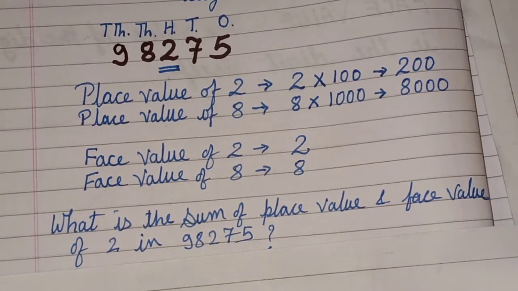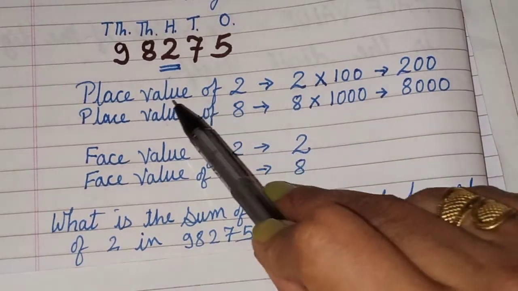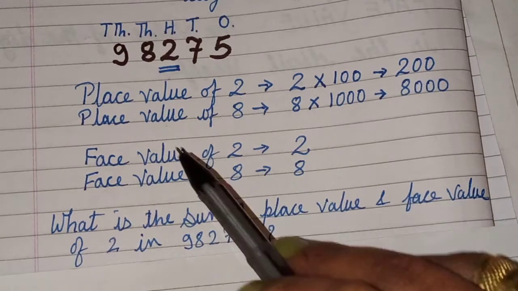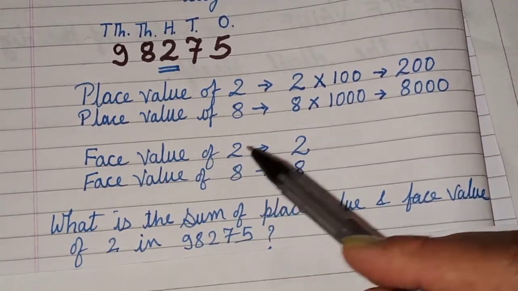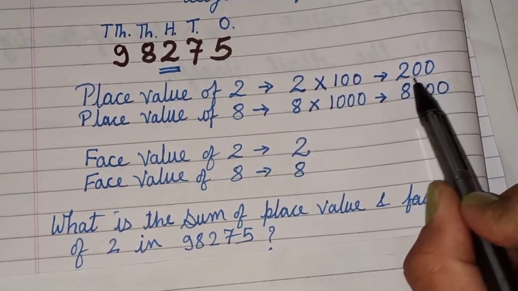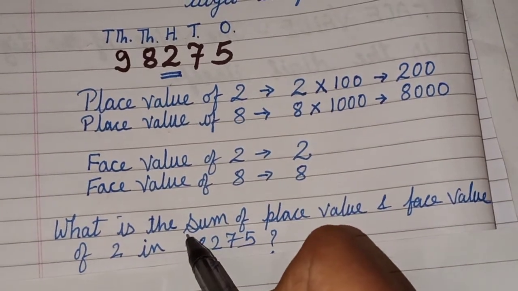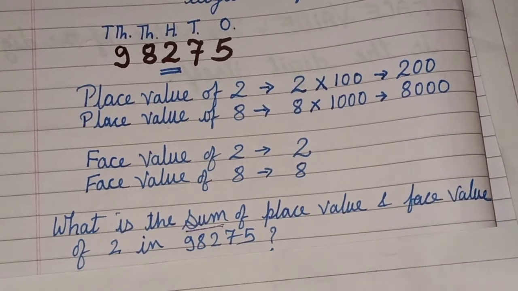We have seen that the place value of 2 in this number is 200, and the face value of 2, whatever the question, will always be 2. So here we have the place value of 2 and the face value of 2, and we have to find their sum.